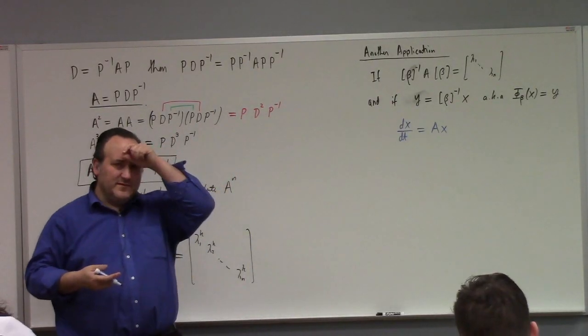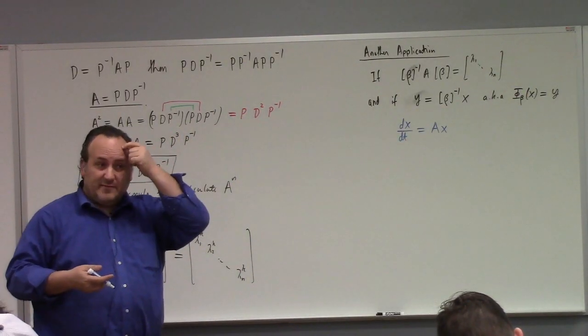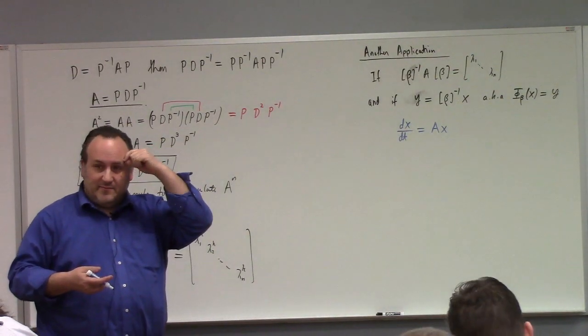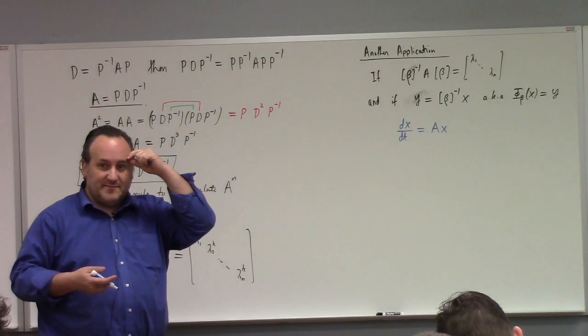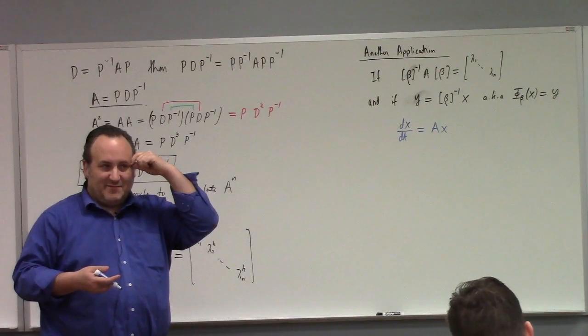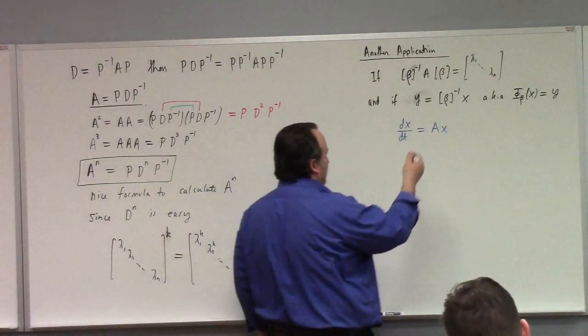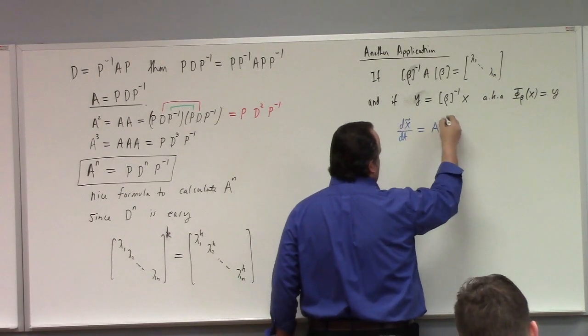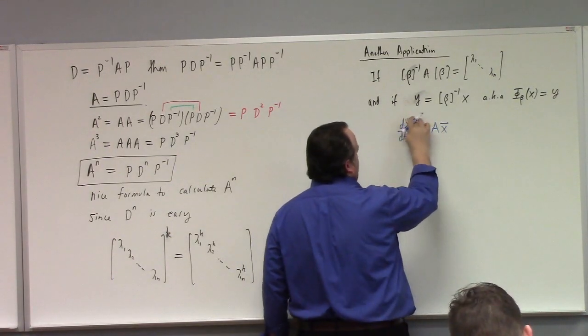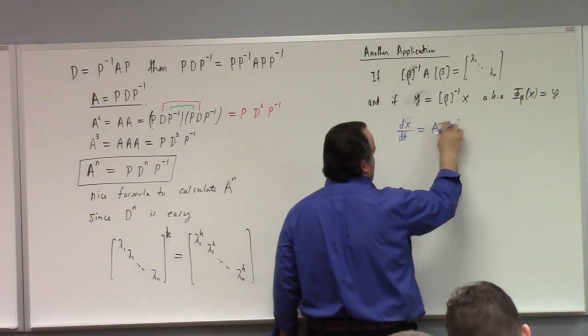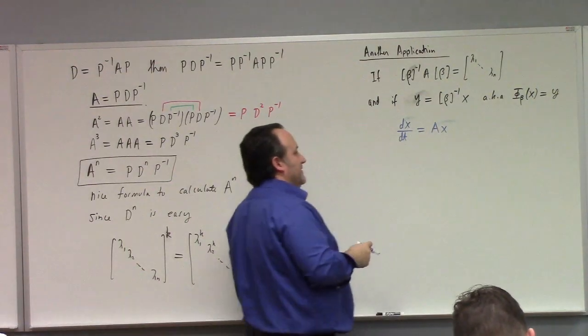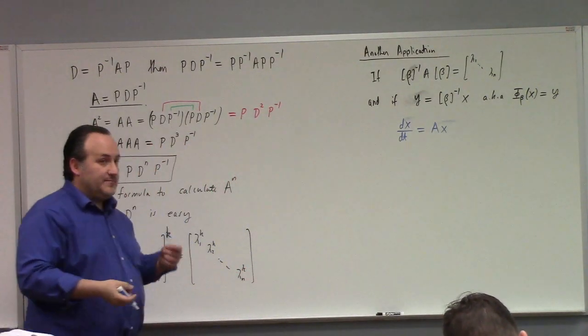We could put a vector over x if it makes you feel better about it. You don't have to if you don't want to. If you're in physics, I'll take points off if you don't. I'm going to opt not to here, because the context makes it clear that it's a vector.